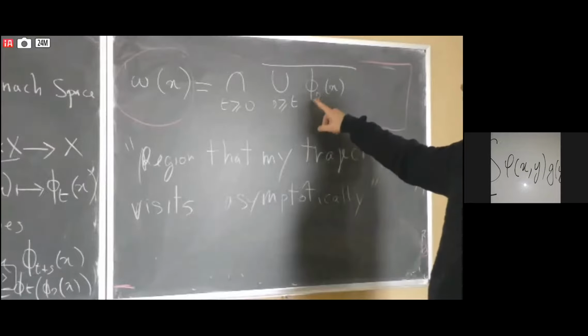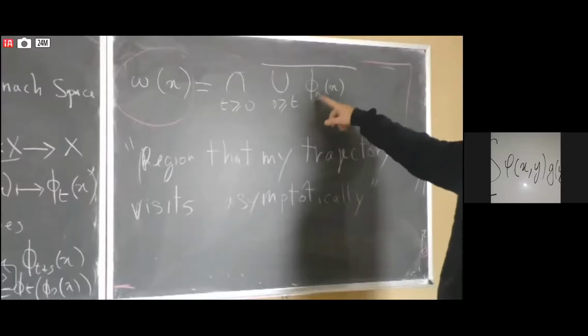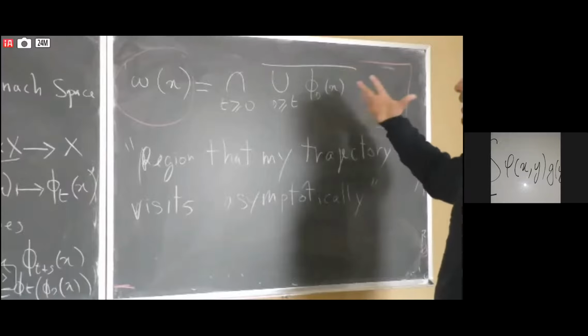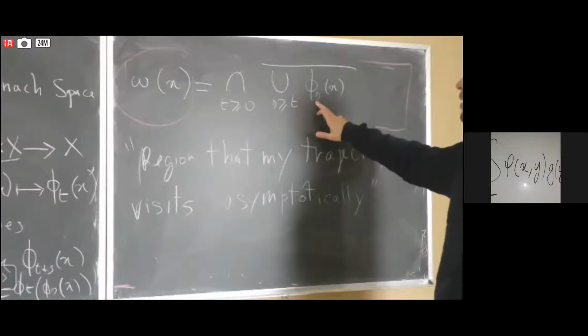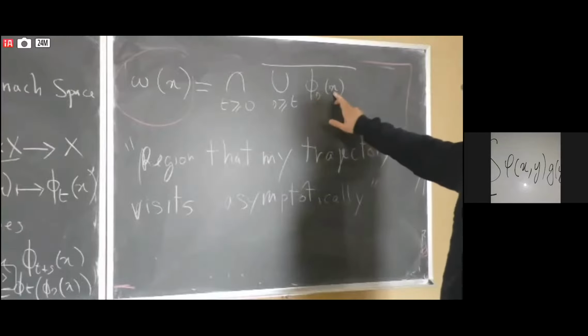So my phi s of x, where x is my initial condition, is the solution at time s that started at x at time 0. I think it's clear now.